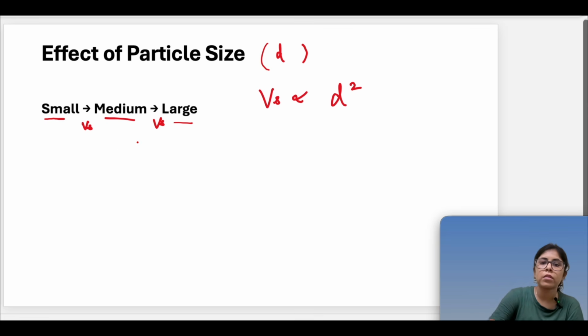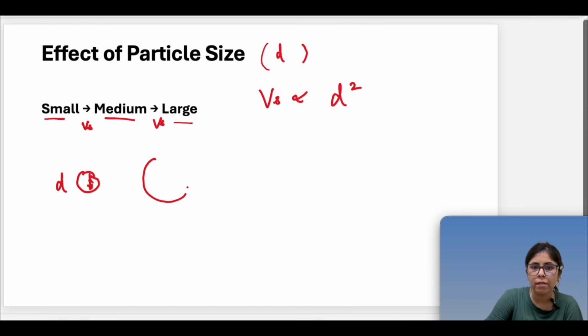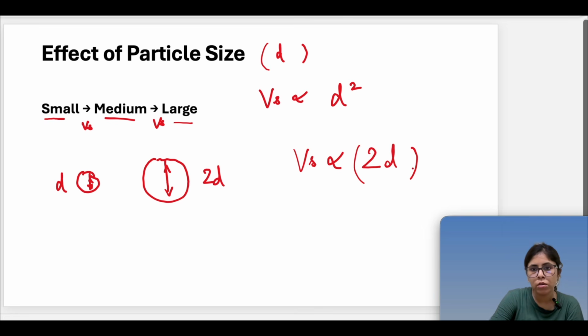So let's say I have a particle whose diameter is d, and another particle whose diameter is 2d. If the particle size is 2d, what will be the effect on velocity? That will be 2d whole squared, so Vs comes out to be proportional to 4 times d squared.